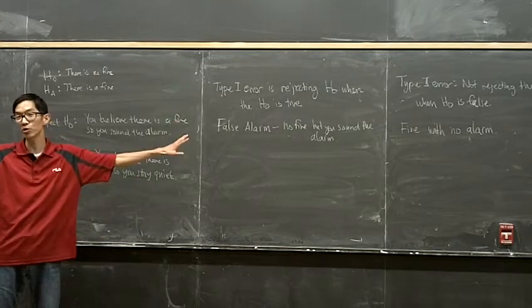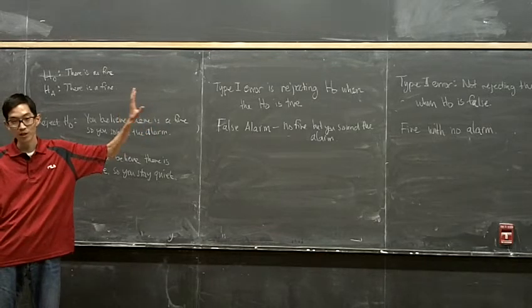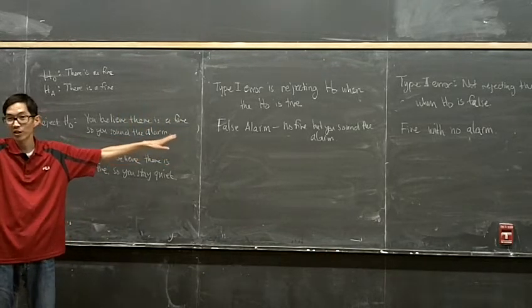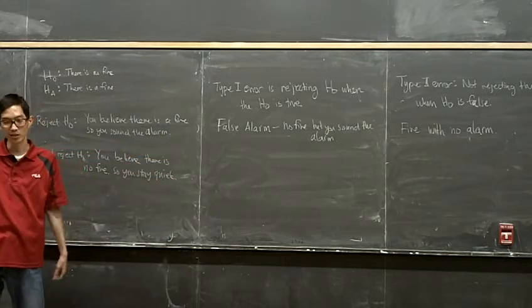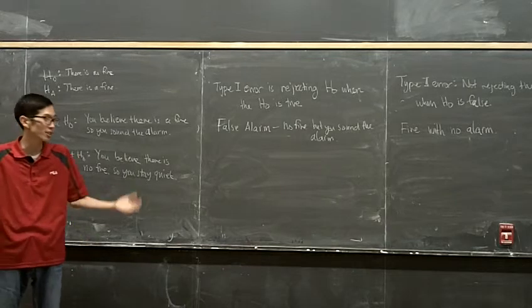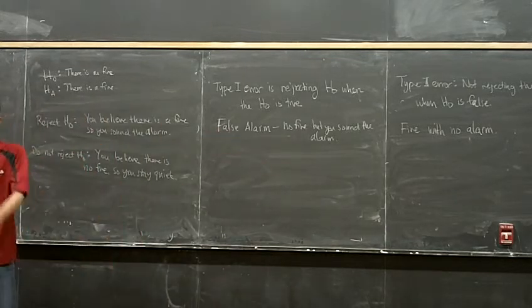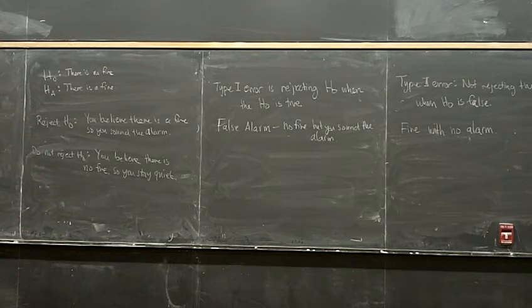In this situation with the fire, a type 2 error, a fire but no alarm, is a worse mistake than an alarm with no fire. A type 1 error is annoying, you're cooking toast and you're just like, shut up. But a type 2 error is potentially tragic. You have no idea that there's a fire because there's no alarm going off. So that's a type 2 error.